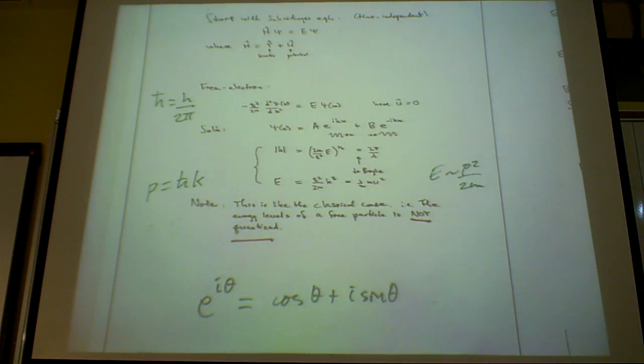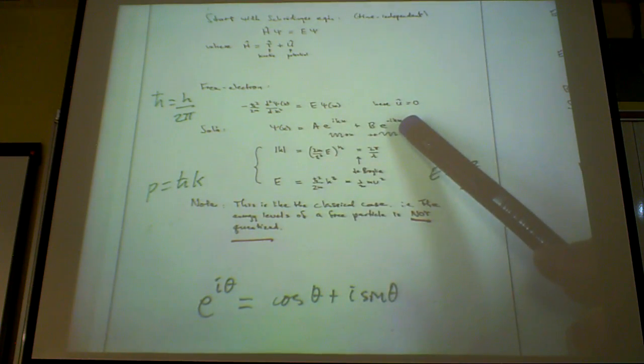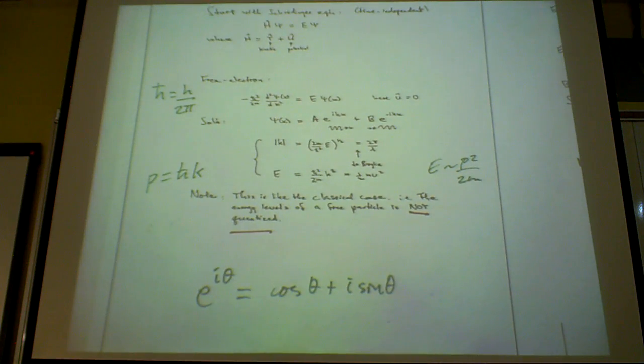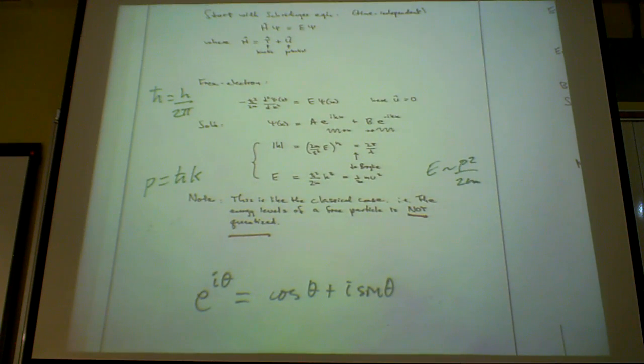This function is e to the ikx. That's what we call a plane wave, moving in the x direction, and this is moving in the negative x direction, and the directional vector, what we call the propagation vector, is the k direction.